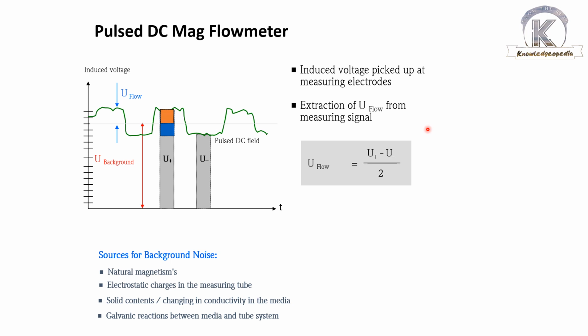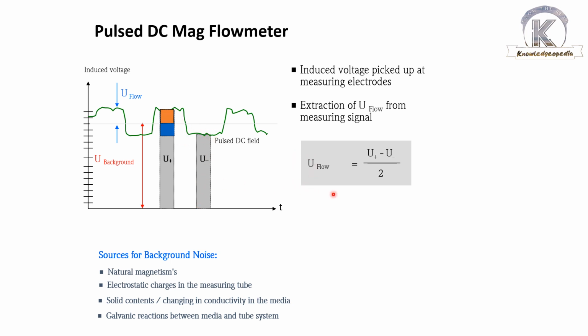Suppose the coil polarity, positive and negative direction, can be altered. Whenever you alter the magnetic field pulse, you create a different signal end, like U plus, the highest signal, and U minus, whenever the DC pulse field has been changed.